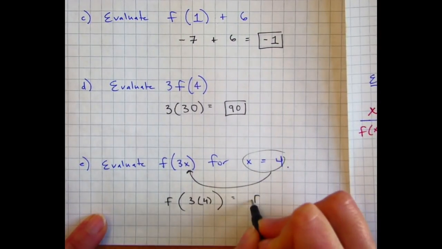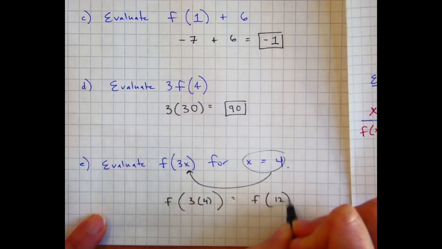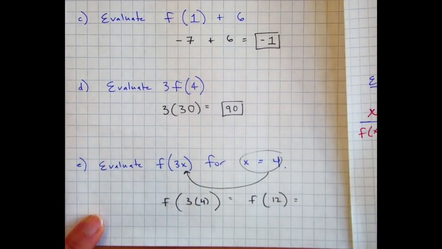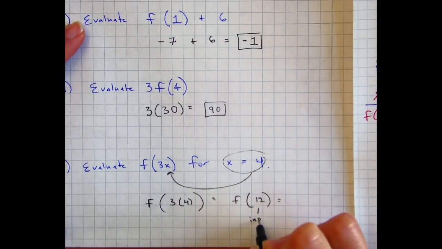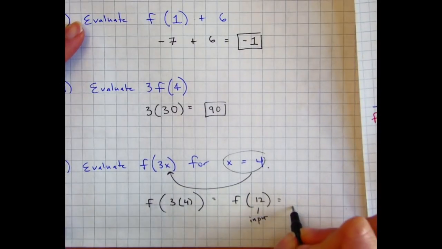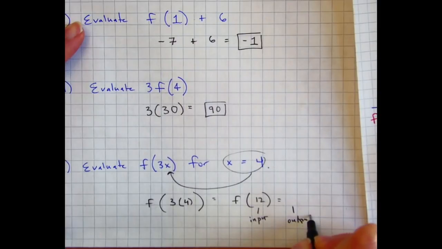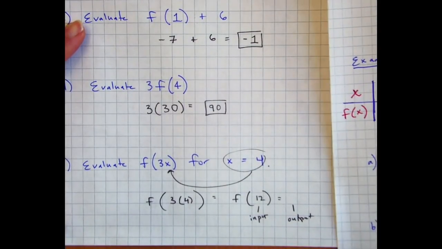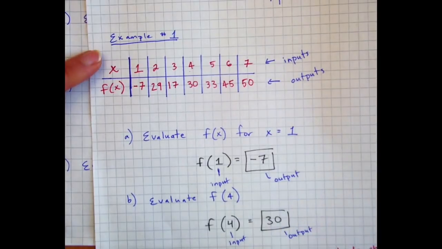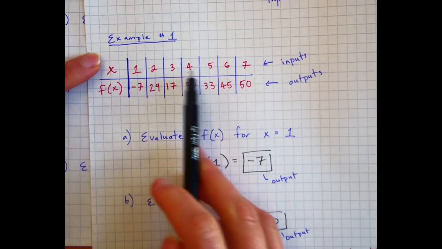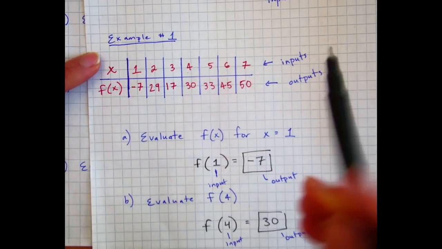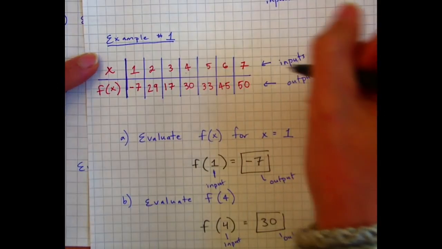And so this means, okay, when my input value is 12, what is my corresponding output value? Well, if we look over at our table, we can actually see that the inputs given only go up to 7. So we don't know what happens to this function when you go to like 8, 9, 10, 11, 12. There's no clear pattern that we could follow.